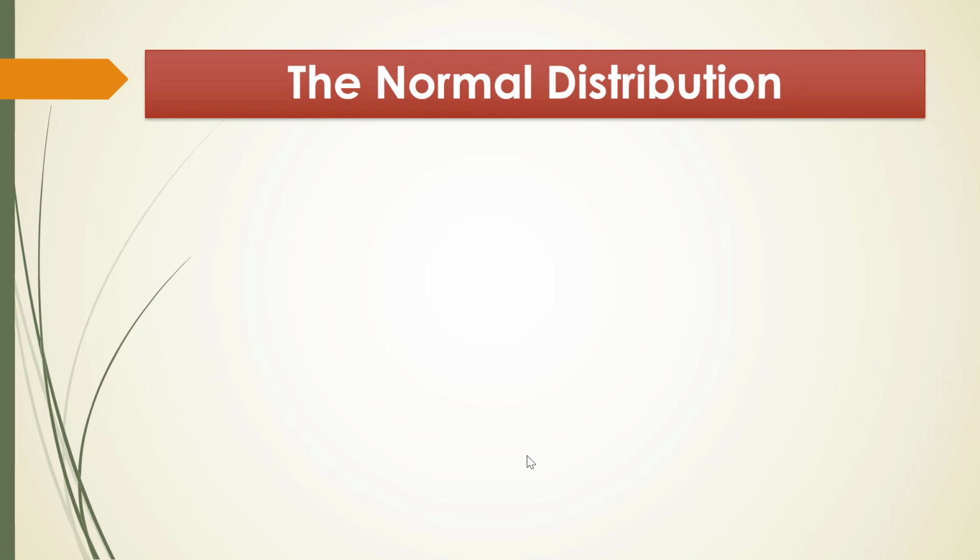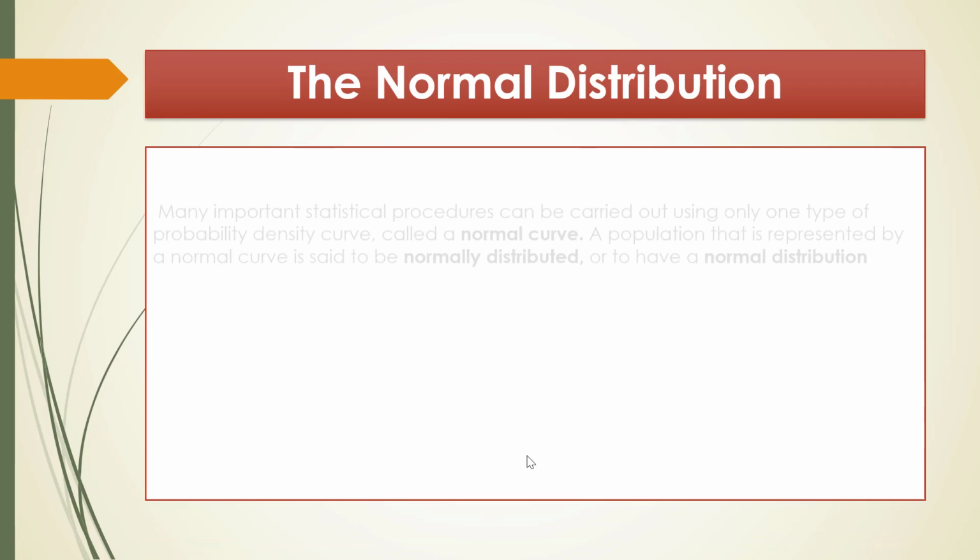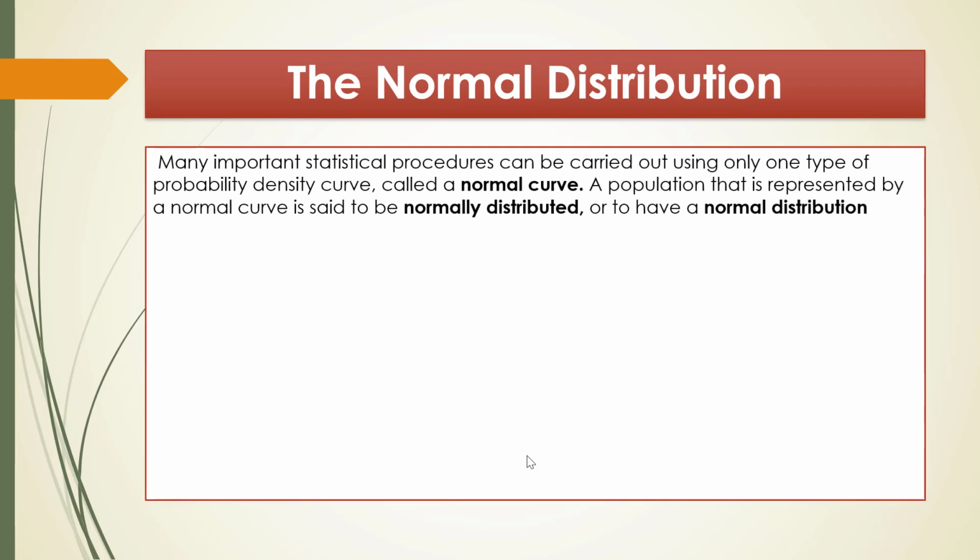So in this section, I'm going to introduce the normal distribution. Many important statistical procedures can be carried out using only one type of probability density curve called a normal curve. That's why the normal curve is important in statistics.